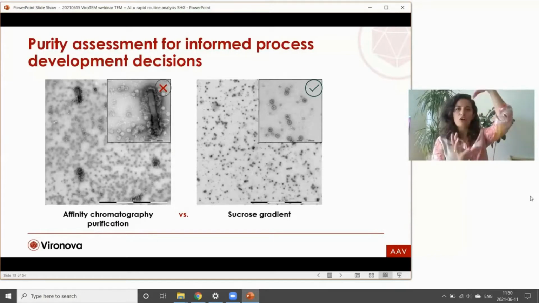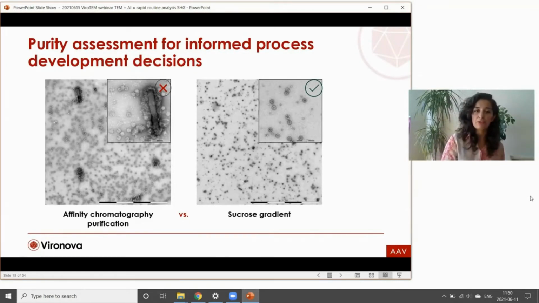These are the long shapes. This comes from growing the sample, expressing the viral vectors of interest, and you want to get rid of this. So clearly you can see that sucrose gradient, where you do not find these baculoviruses, is a much better purification method, at least for the step of removing the baculovirus from the sample. Again, helping you to make informed process development decisions.